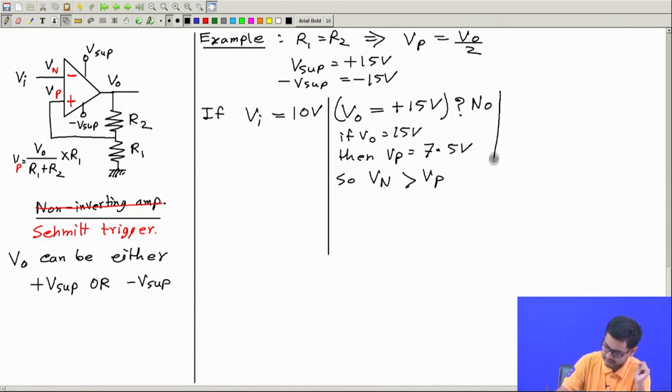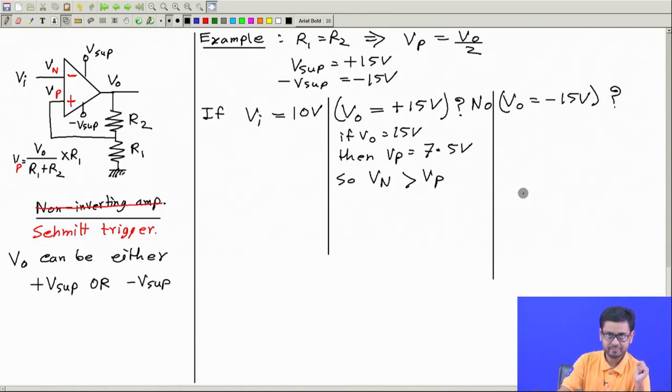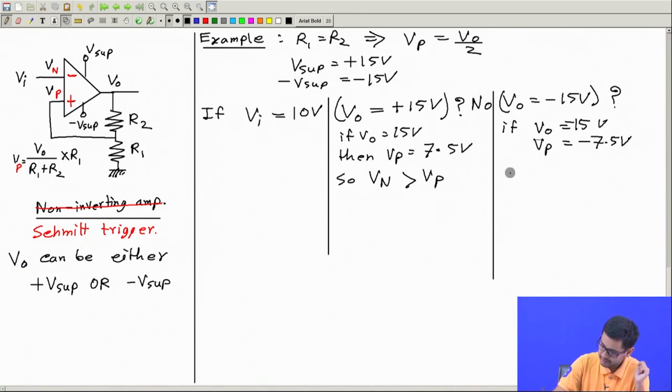Now, let's check, can the output be equal to minus 15 volt? Yes, is it possible? Let's check. If Vo equal to minus 15 volt, then Vp will be minus 7.5 volt, and then Vn, which is 10 volt, is greater than Vp.